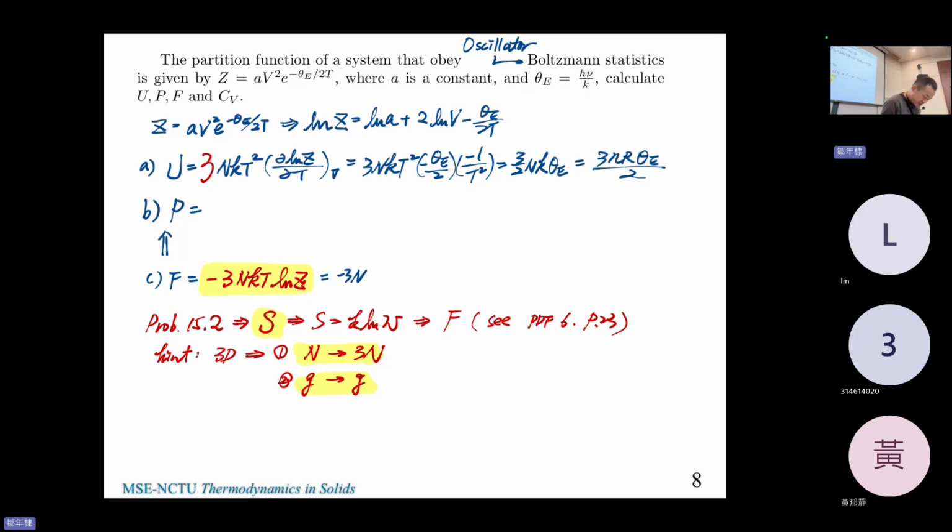Minus 3NkT natural log A plus 2 natural log V minus theta E over 2T, minus 3NkT natural log A V squared minus theta E over 2T.